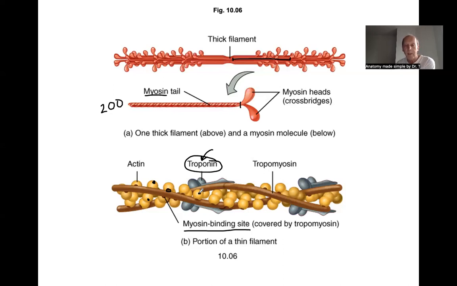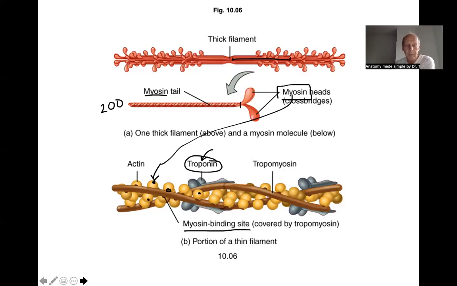Therefore, we're expecting then interaction between myosin heads with actin molecules, but on a very specific location, the myosin binding site. Actin attached to tropomyosin, and then troponin, the molecule which prevents or covers myosin binding sites of actin molecules.